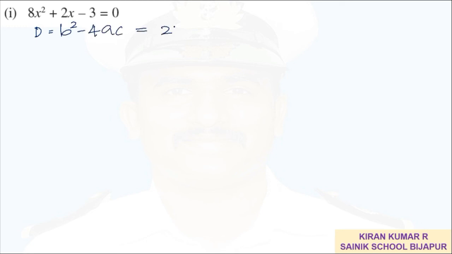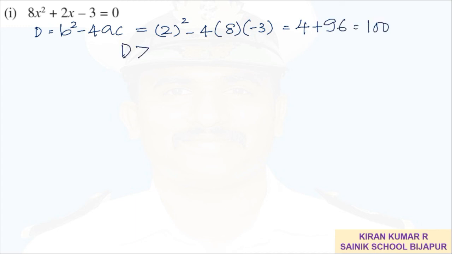Substitute b value is 2 square minus 4 times 8 multiplied by negative 3. We get positive 4, positive 96. The sum becomes 100. D value is greater than 0. This implies real roots exist.